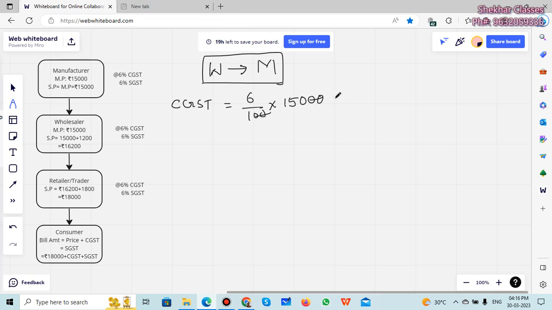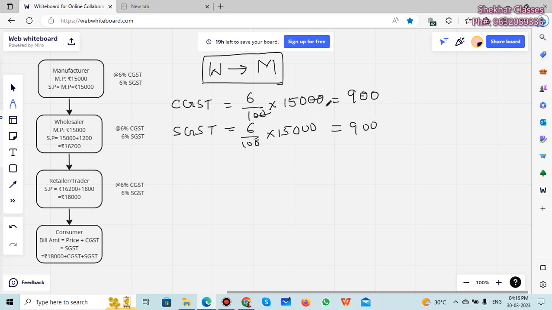So that is equal to how much? 900. Okay, directly 900 rupees. This is the CGST, and SGST also will be the same, again because it is 6% of 15,000, so that is again 900.